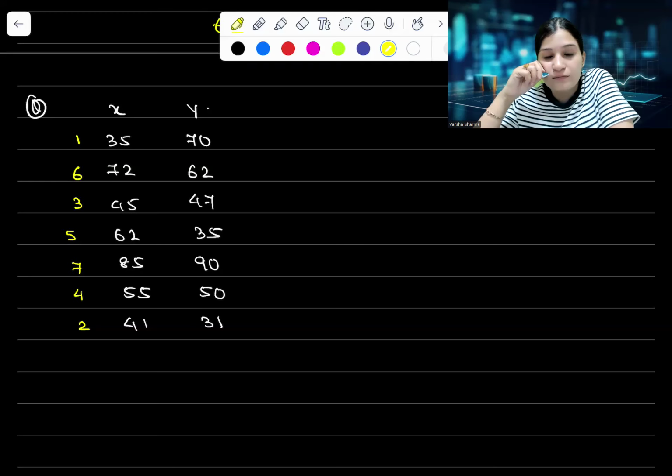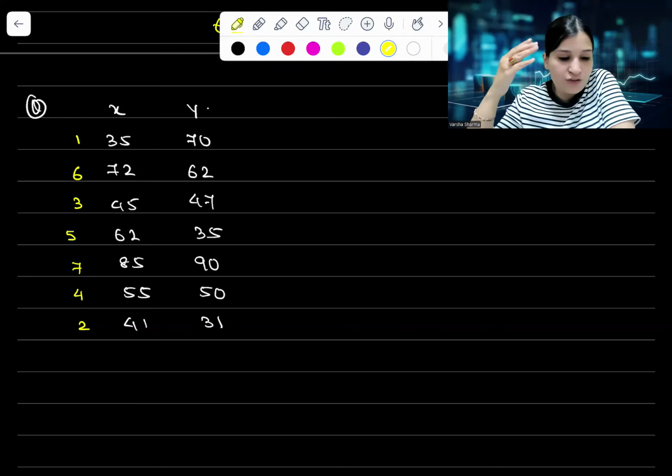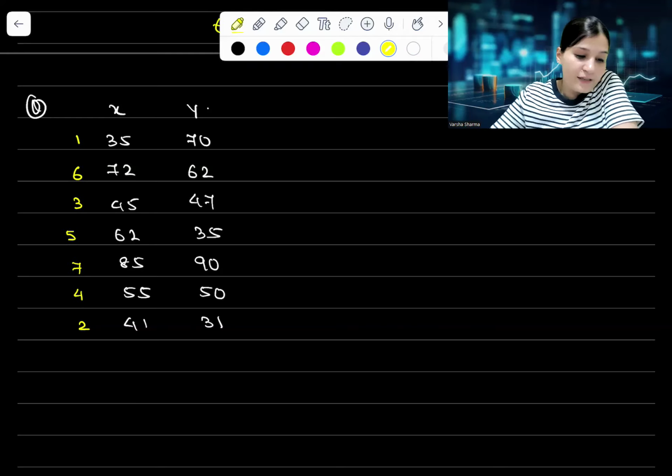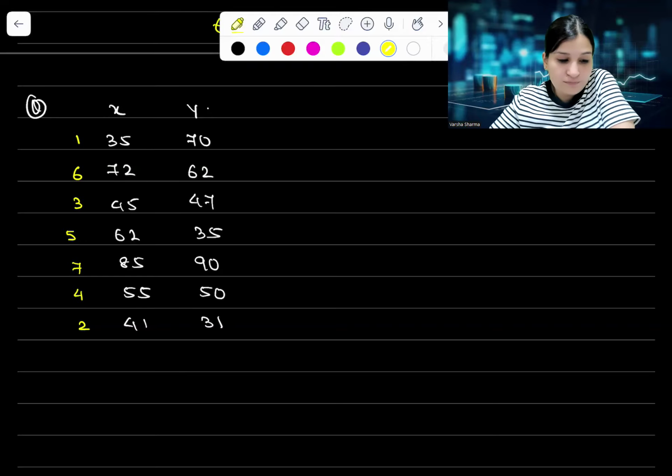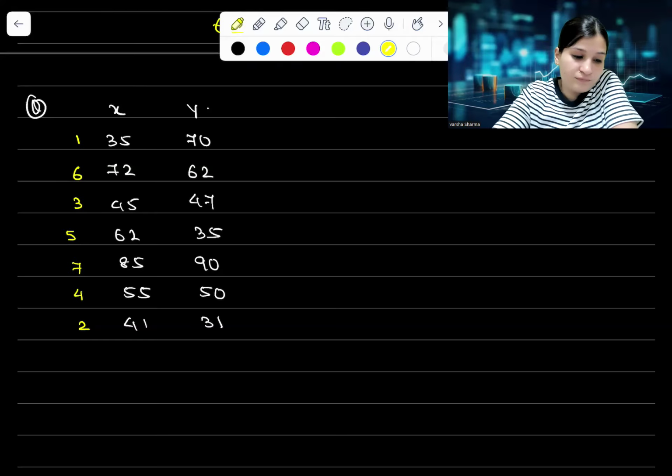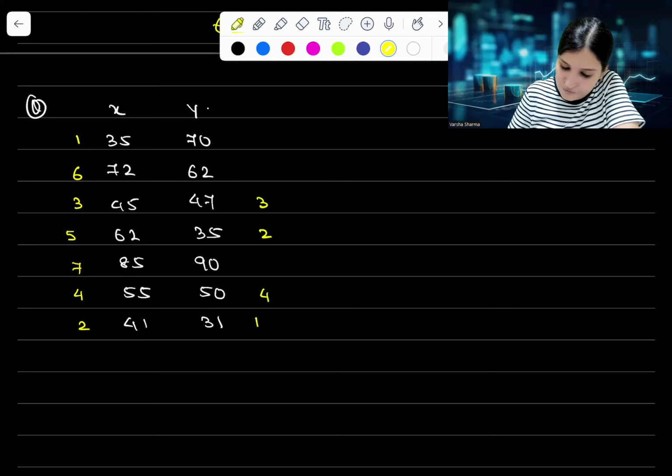Any doubts? No, ma'am. Try the ranking for Y, same order, smallest to largest. So the first is 31, second is 35, third is 47, fourth is 50, fifth is 62, sixth is 70, seventh is 95.